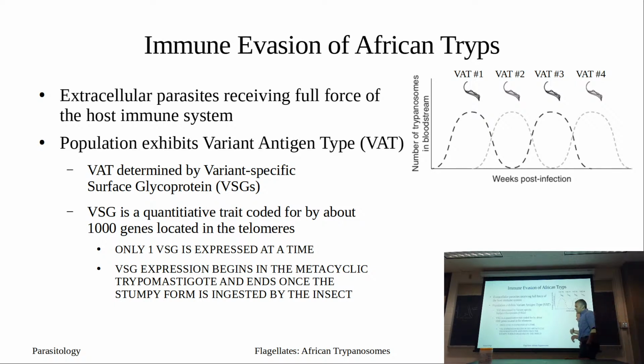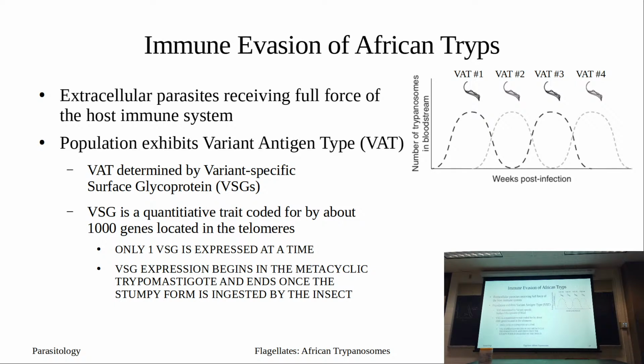Well, as we said, parasitemia peaks, goes up, all right, and then it drops off. As the parasitemia is picking up in number, what we notice is that this peak now represents a single population of trypanosomes. That population exhibits something called the variant antigen type, or a VAT.